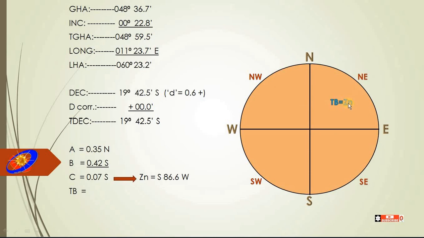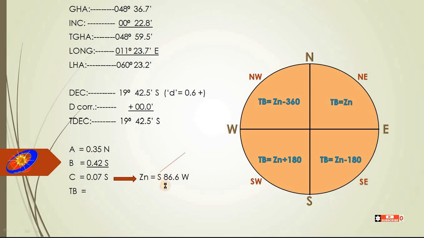True bearing is equal to Zn in northeast. In southeast, true bearing is equal to Zn minus 180. In southwest, the true bearing is equal to Zn plus 180. And in northwest, the true bearing is equal to Zn minus 360.